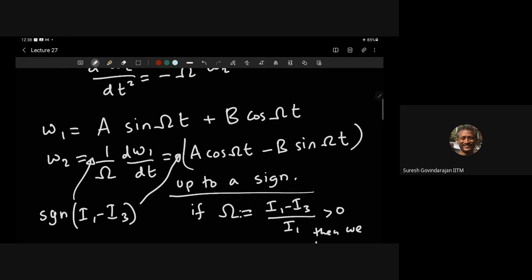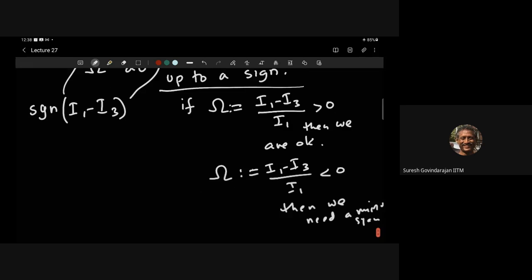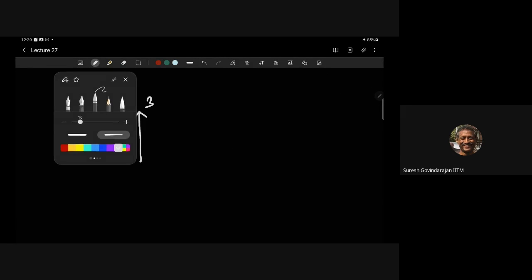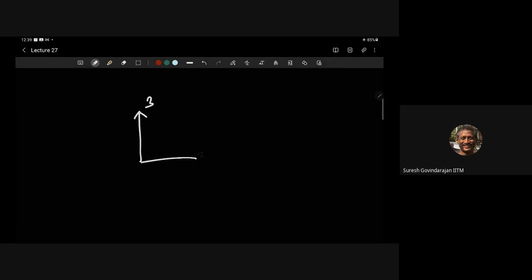So now we can understand what is going on here. Picture is always better. So let's say this is the 3 direction, and let's draw 1 and 2 also.